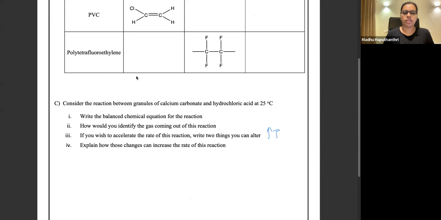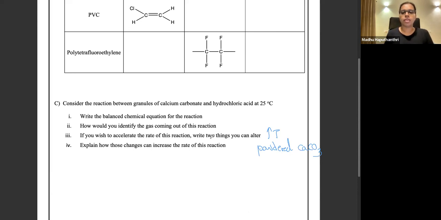All right, but calcium carbonate and HCl reaction is an acid-base reaction, a neutralization reaction. So for such reactions, we usually don't use catalysts. One sensible answer will be, instead of using granules, we can use powdered calcium carbonate.